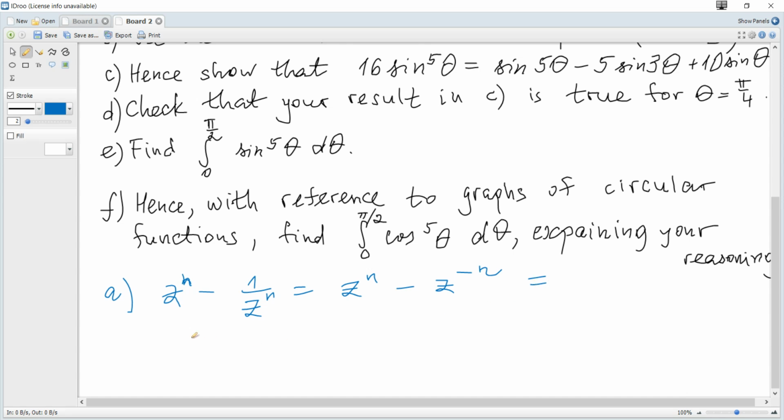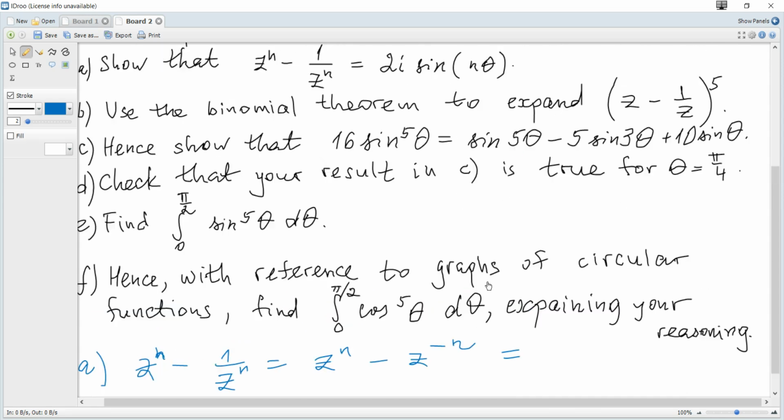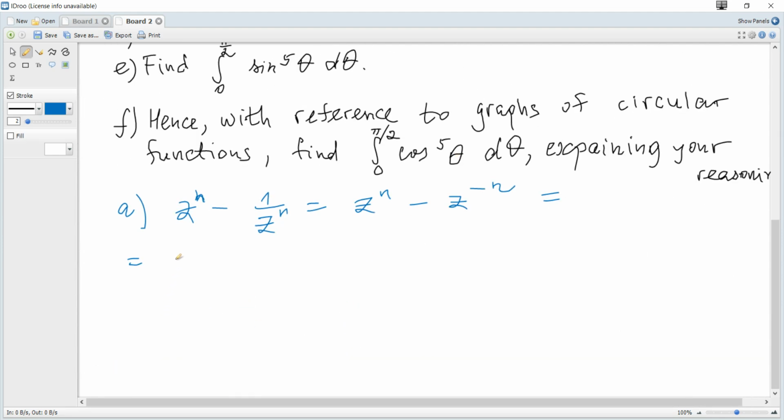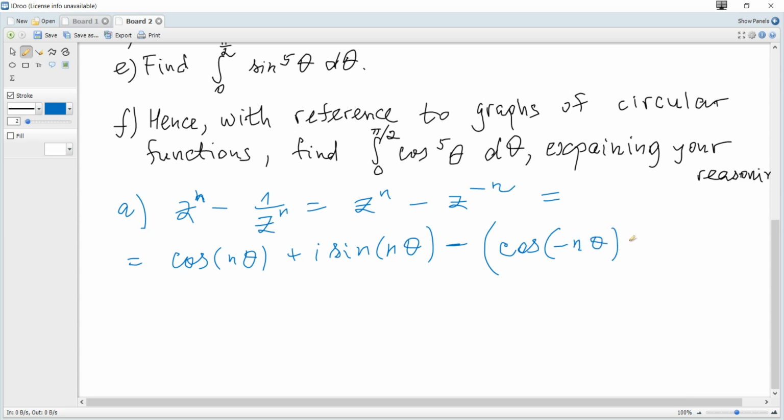Now we can apply the de Moivre theorem. z to the power n becomes, noticing that the modulus here is 1, just cosine of n theta plus i times sine of n theta. This minus, and again the de Moivre theorem for z to the power negative n, just substituting negative n for n, we get cosine of negative n theta plus i sine of negative n theta.